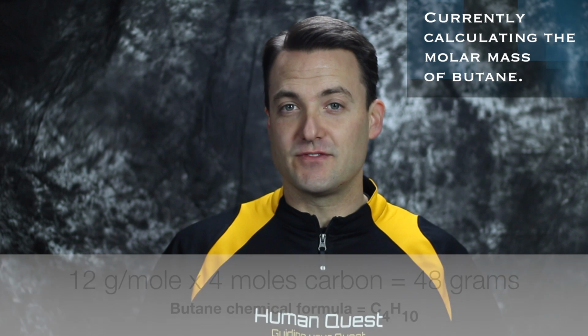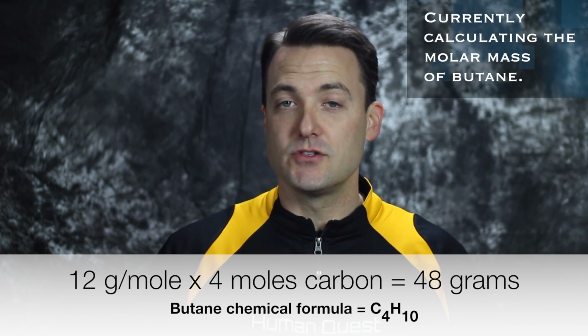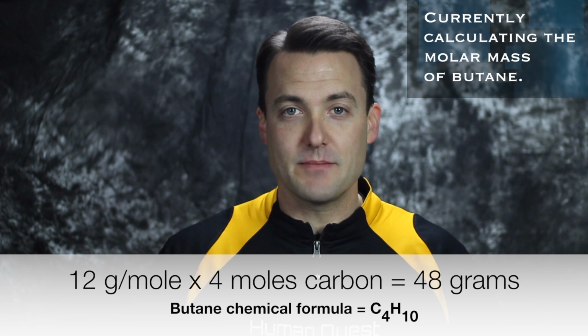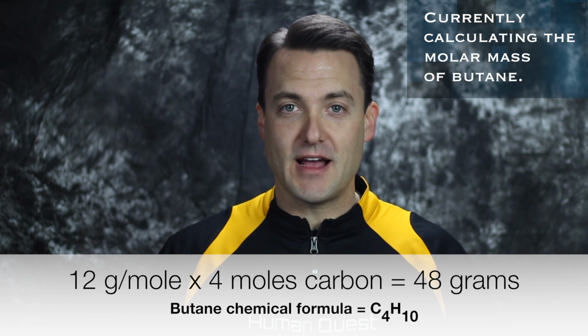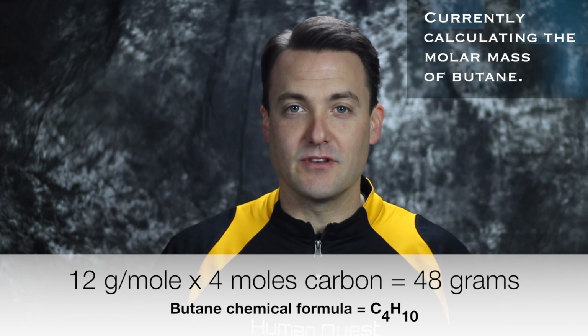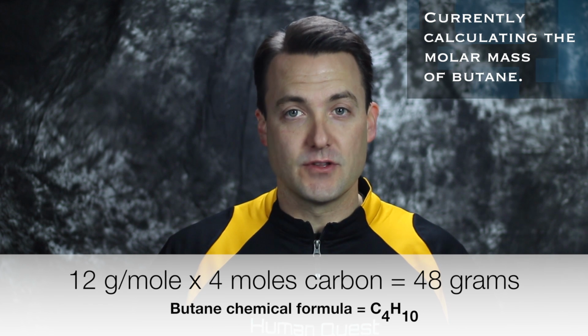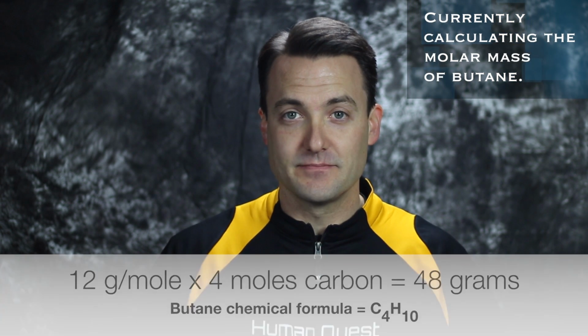My butane formula has 4 carbons, so I take the mass of the carbon from the periodic table, 12, and multiply it by 4 carbons for a total mass of 48. That means that the 4 carbon atoms in the formula for butane contribute 48 grams to the mass of 1 mole of butane.